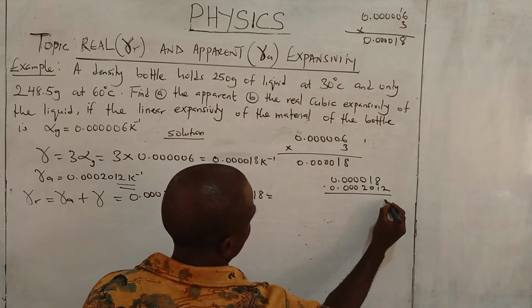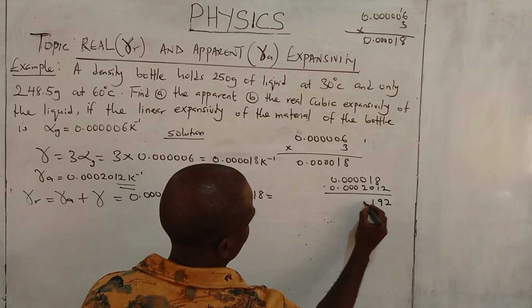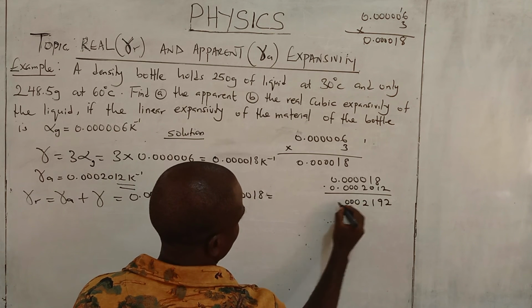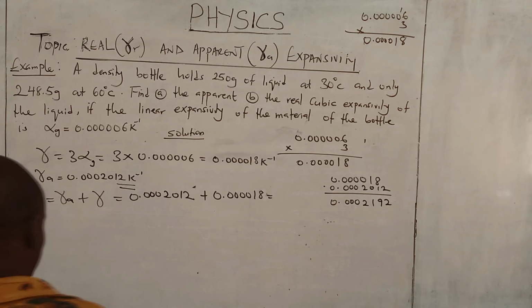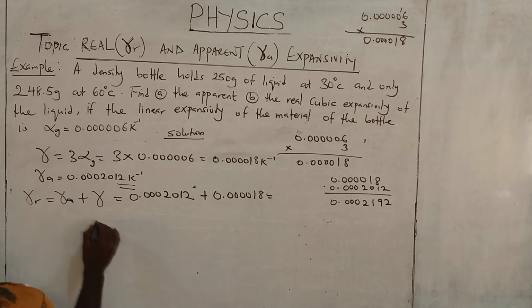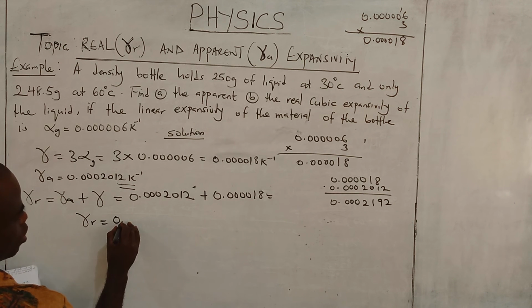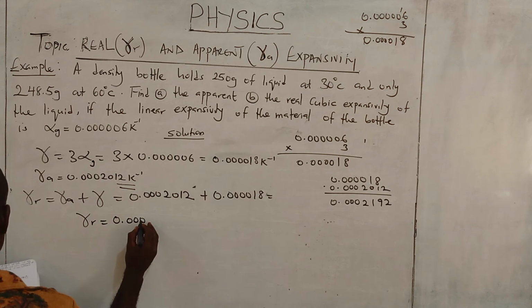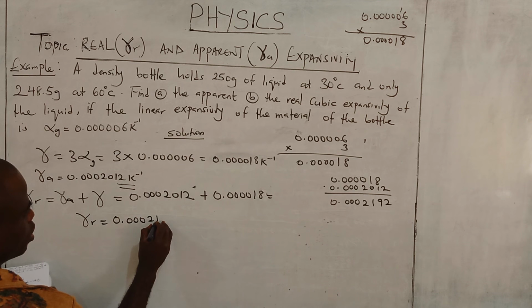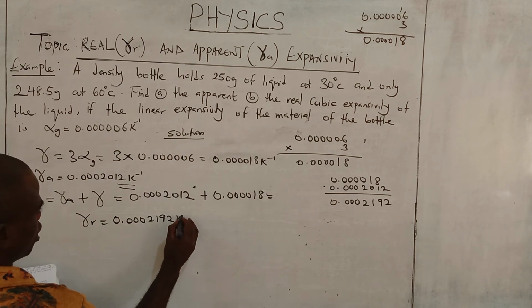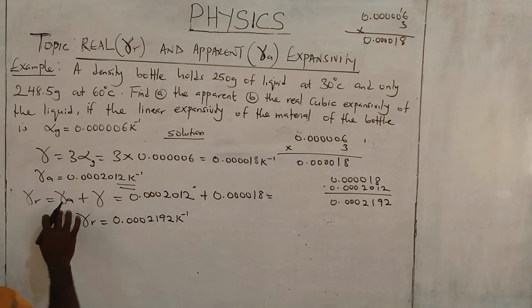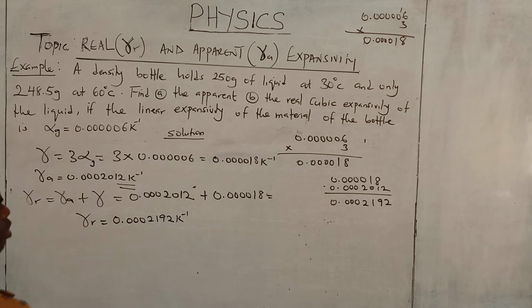Real cubic expansivity equals 0.0002192 per Kelvin. Both real and apparent and all the expansivities have units per Kelvin.